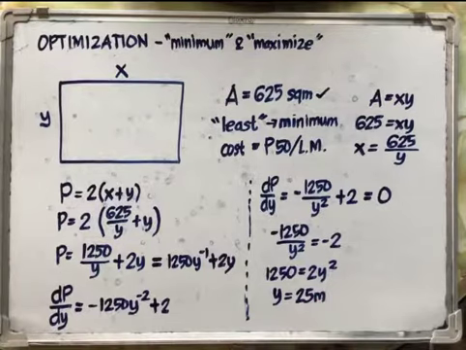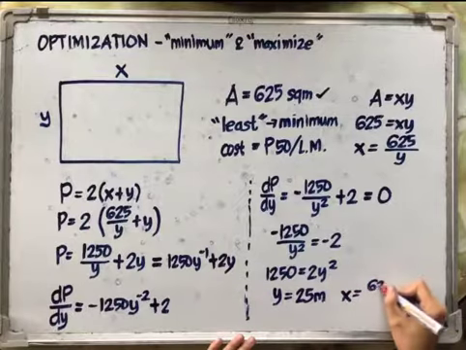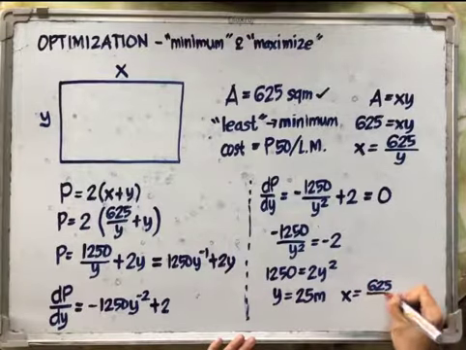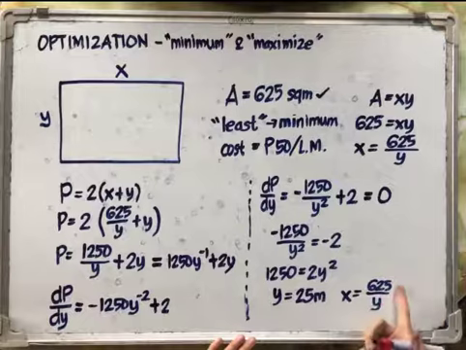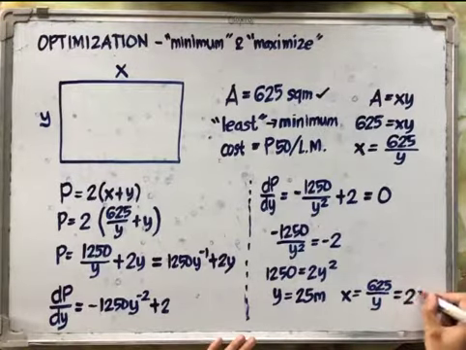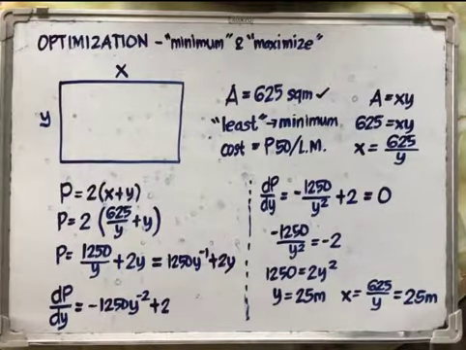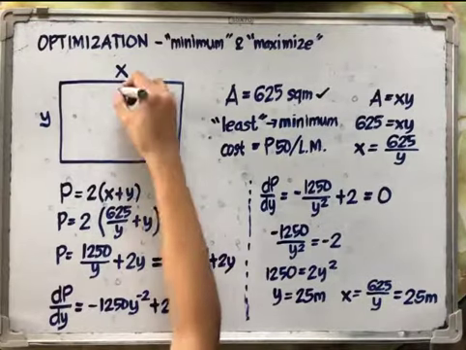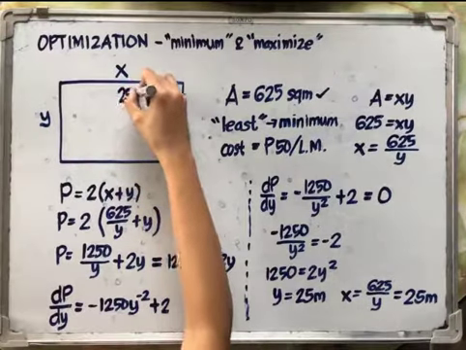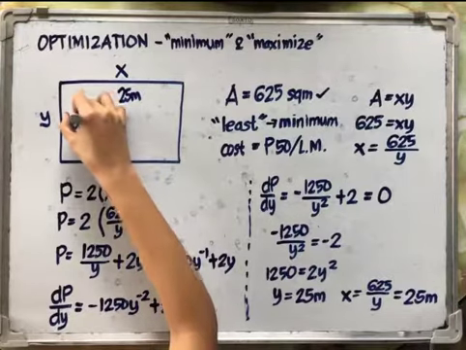Okay, 25 meters y. Consequently, yung x natin which is equal to 625 over y, or the 625 divided by 25 din na y, that would also give you 25 meters din. So, dimension natin would be 25 by 25. Square siya actually, no?